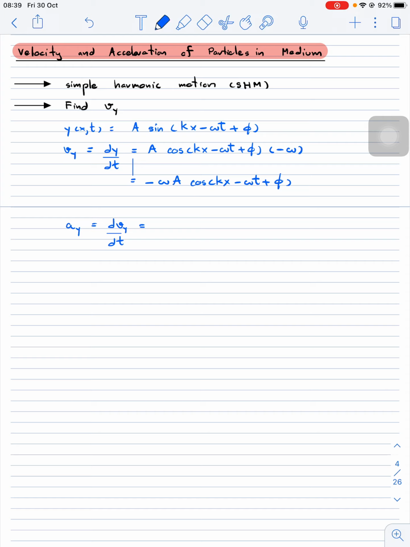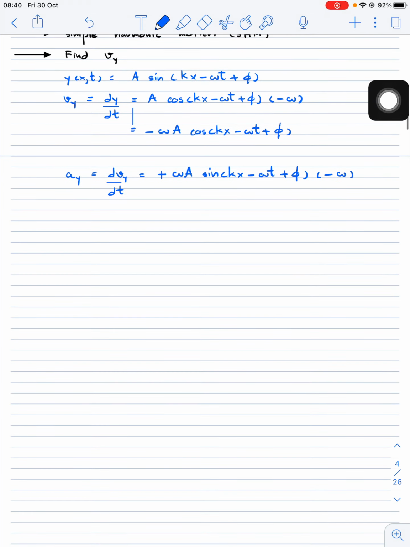So we have negative omega times A, and then negative sine, so it's going to be the plus sign here, times the sine of kx minus omega t plus phi. And then we find the derivative of this argument, which is again negative omega. So finally we have negative omega squared times A times the sine of kx minus omega t plus phi.